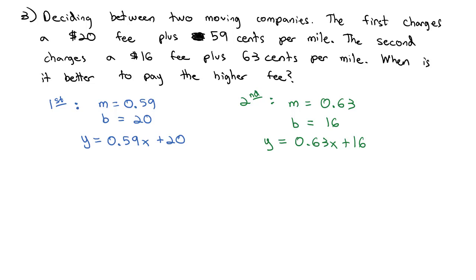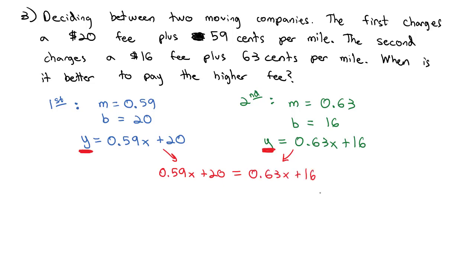What I want to notice though is both equations are equal to y. If they're both equal to y, then they also are both equal to each other. 0.59x plus 20 is the same as 0.63x plus 16.